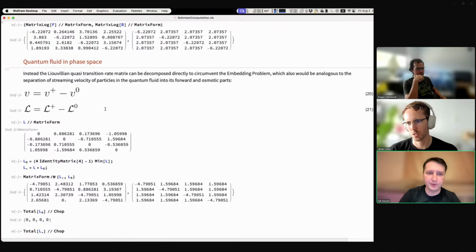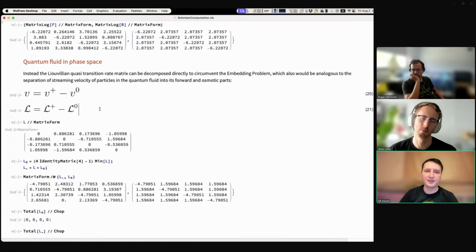So if you decompose it into these two components here, what happens? Those are some intuitions from the fluid analogs, right? Those different components of this transition rate actually do behave like classical transitions. But because one of them is negative, you interpret it as an osmotic part, which is going backwards, and one is interpreted as a forward direction.